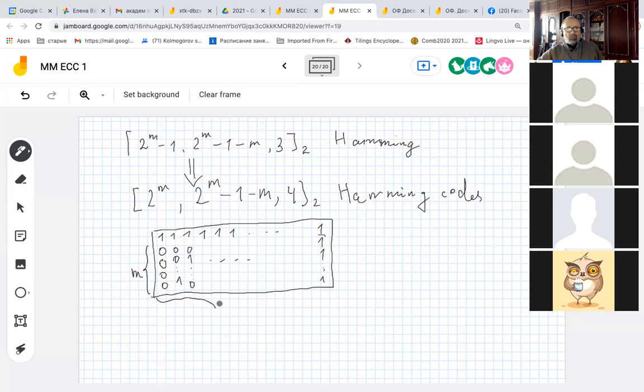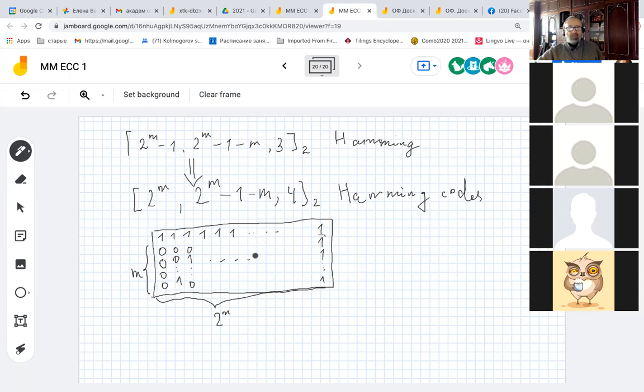We have 2 to the m variables. So the block length is 2 to the m. The dimension is 2 to the m minus the number of equations. And because of this additional constraint, the minimum distance becomes 4.